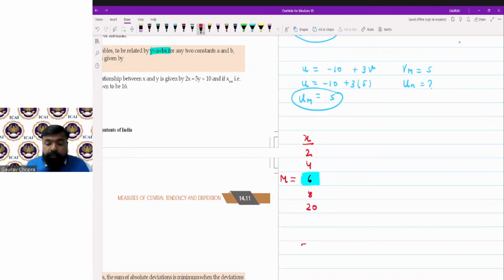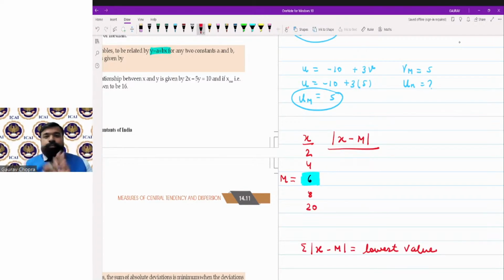Now, what is the property? It says sigma mod x minus m gives the lowest value. We have used two vertical bars, which is known as modulus. Modulus means we always write the result in positive form.